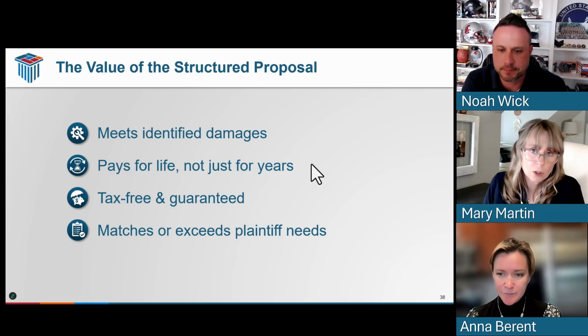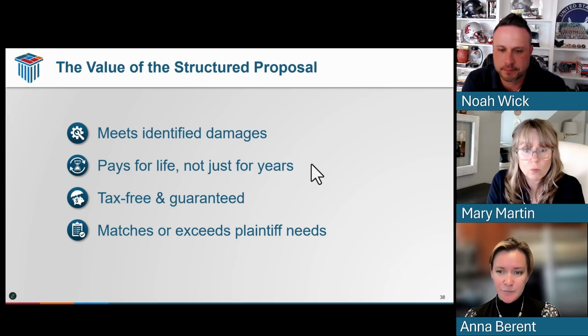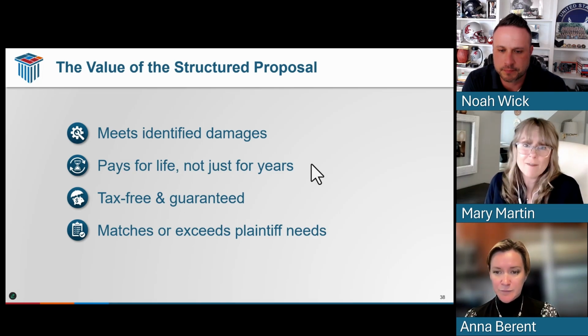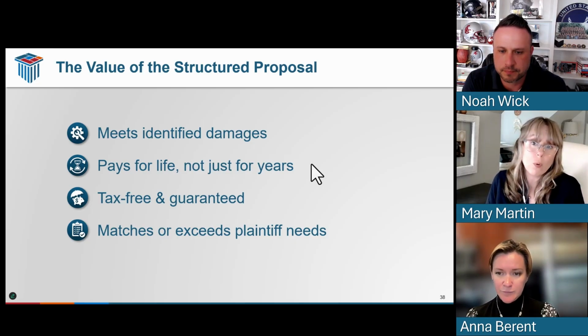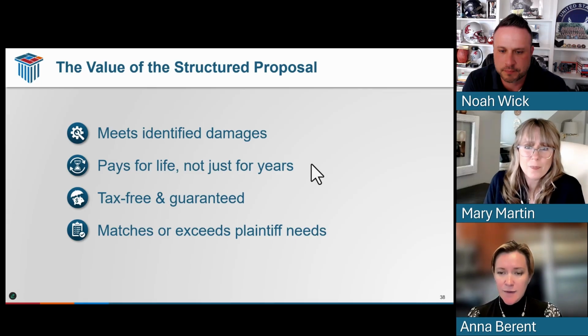When you have those long-term damages that we can really show how our offer meets those identified damages, when you have all kinds of special circumstances, if you have a claimant on Medicare or Medicaid, it's even more important. So there's no case that's not worth considering whether it's going to provide some value for your mediation.